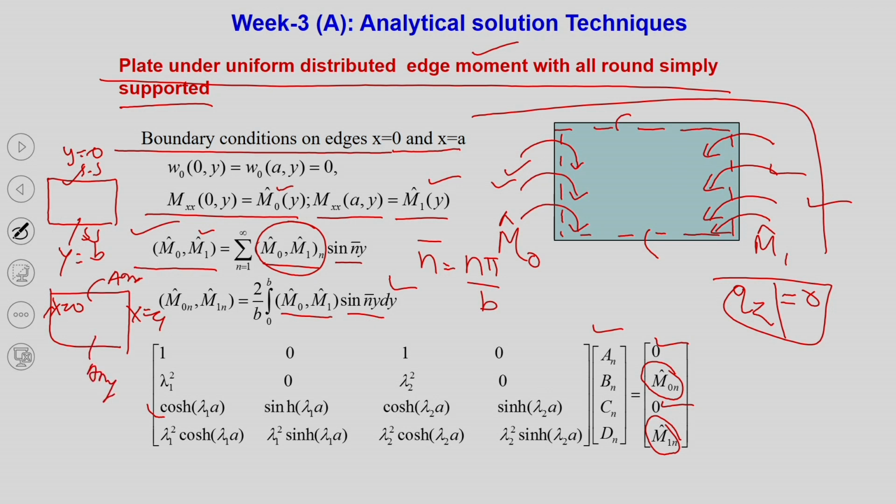It is not that y is equal to 0 and y is equal to b always have to be simply supported. It may be the other two edges, x0 or xa. The main condition is that two opposite edges, either this or this, need to be simply supported. So the reverse of that will also be useful for developing a solution for arbitrary support conditions.